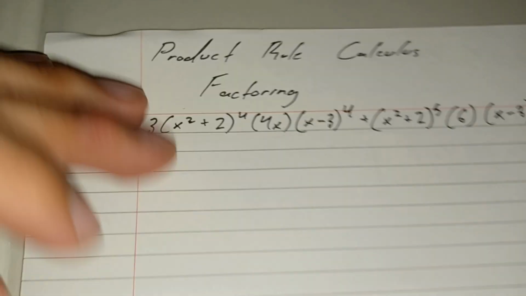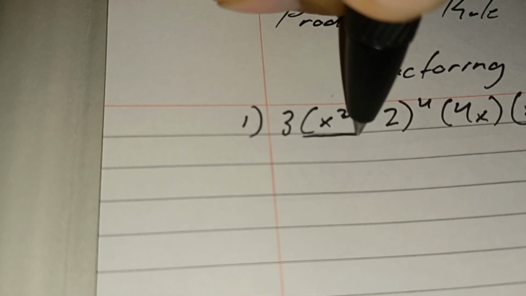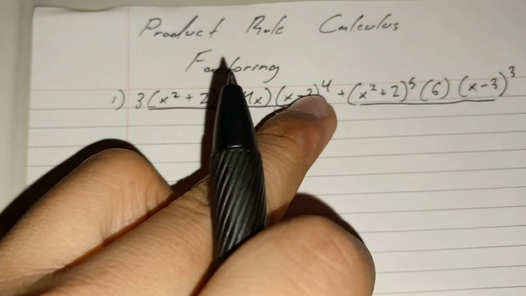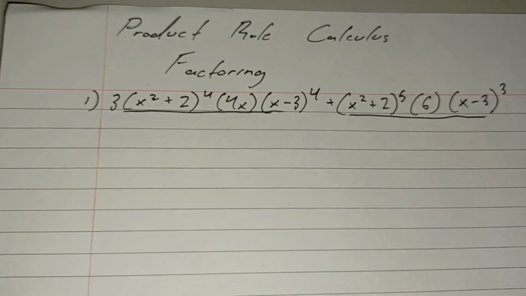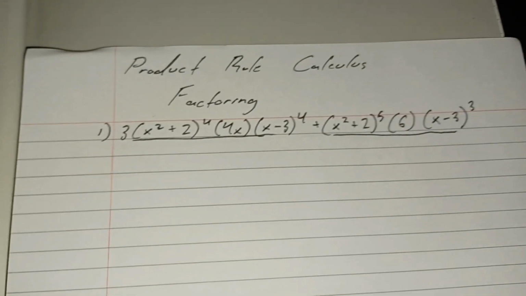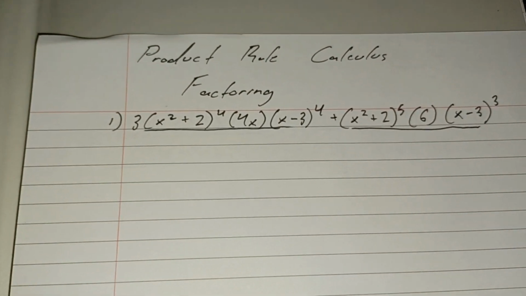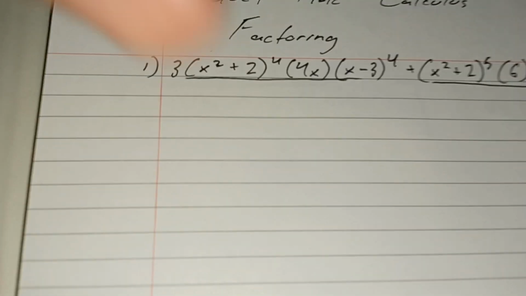In order to start factoring this, we have to see that these two terms, separated by the plus sign in the middle, are terms. So we need to find what these two terms have in common. What can we factor out of these two terms? Let's draw our little brackets right here.